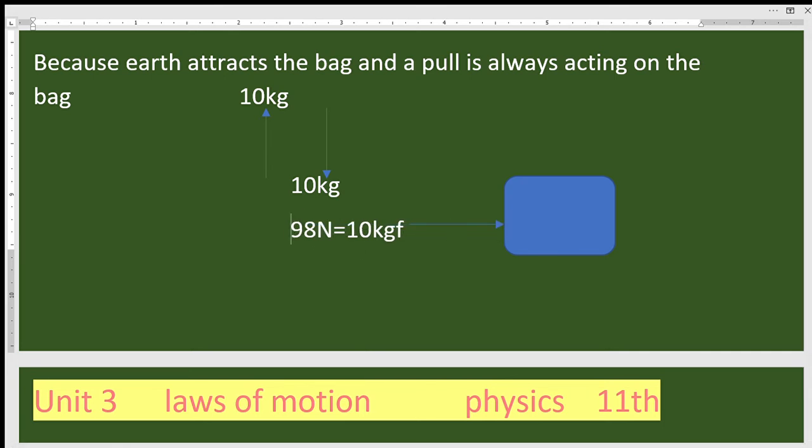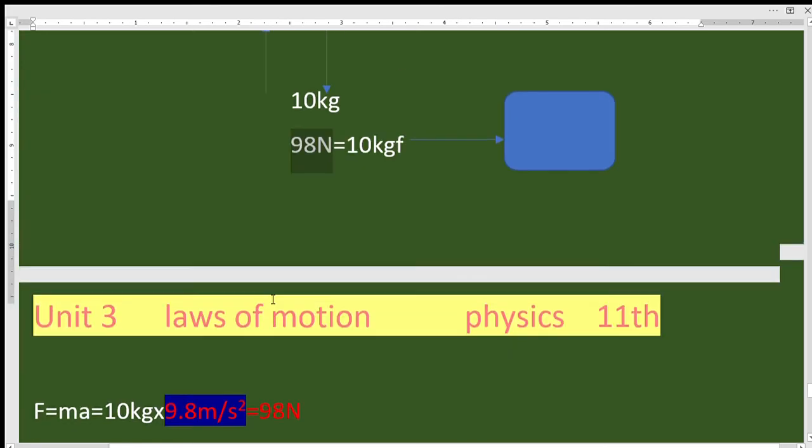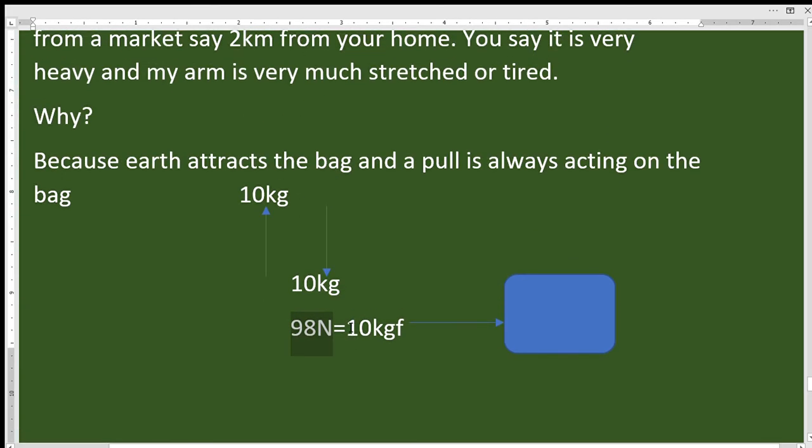So this force, which is actually 98 newton, if you want to say force, then it should be 98 newton. But to get rid of this small g, this factor 9.8, you can directly say you are simply applying 10 kg force. Why?